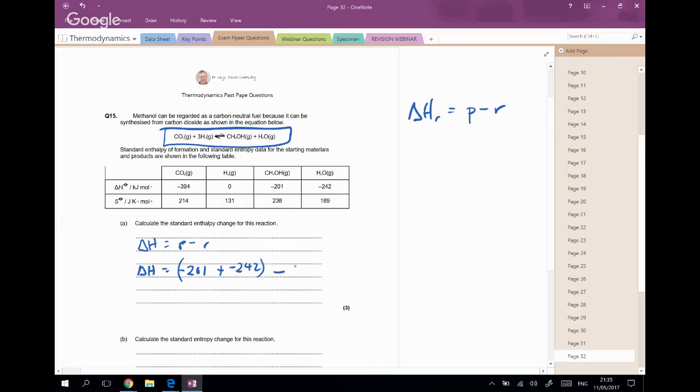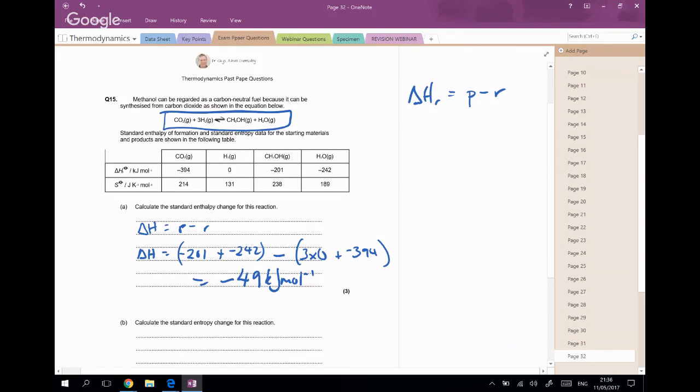Take away brackets 3 times 0, which is always 0, plus minus 394. We're going to rattle that into our calculator nice and quickly, and hopefully we're going to get a value round about minus 49 kilojoules per mole as we put that in.